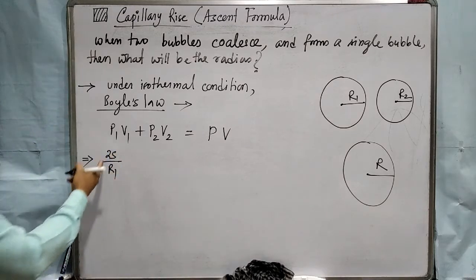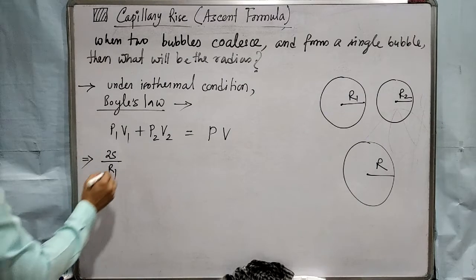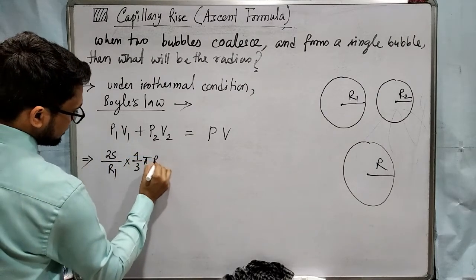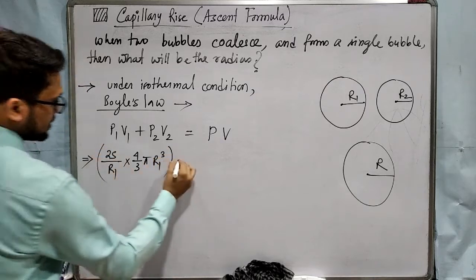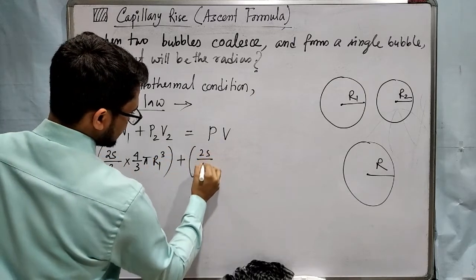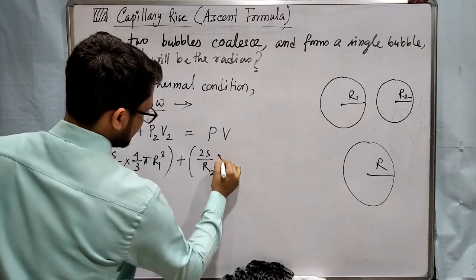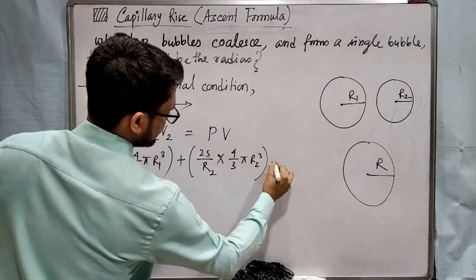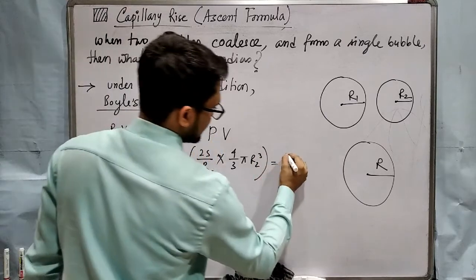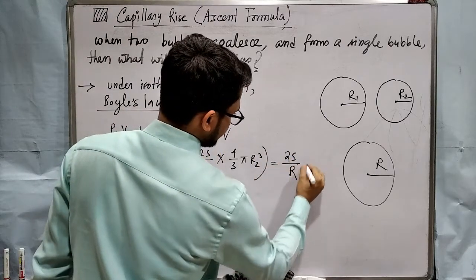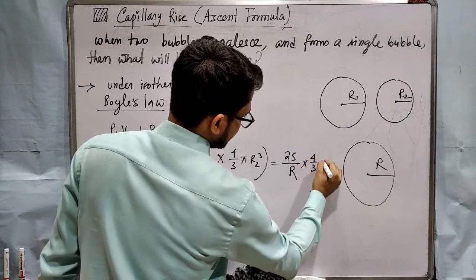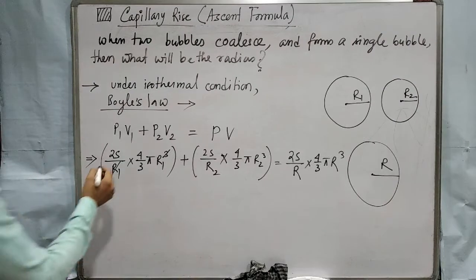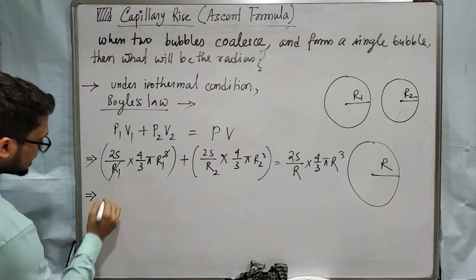In case of a soap bubble, you will write 4s by r1 into the volume, 4 by 3 pi r1 cube, plus 2s by r2 into 4 by 3 pi r2 cube, equal to the final pressure 2s by r into 4 by 3 pi r cube. Clear? So you can take here common what?